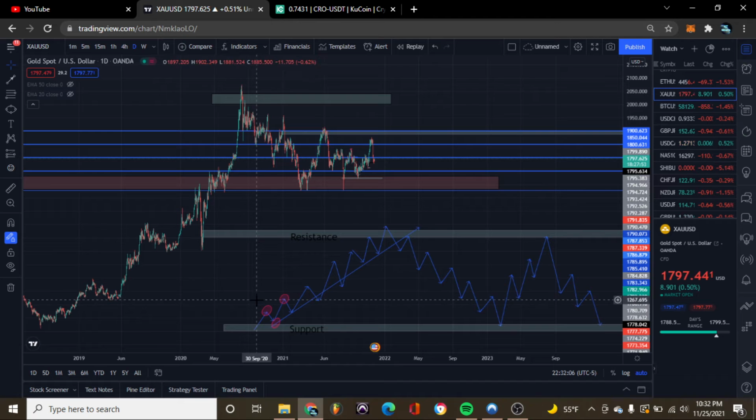So once it goes up and hits your resistance level, you feel me? This is the level that is resisting the price. Price rejects off of this level, the resistance level.